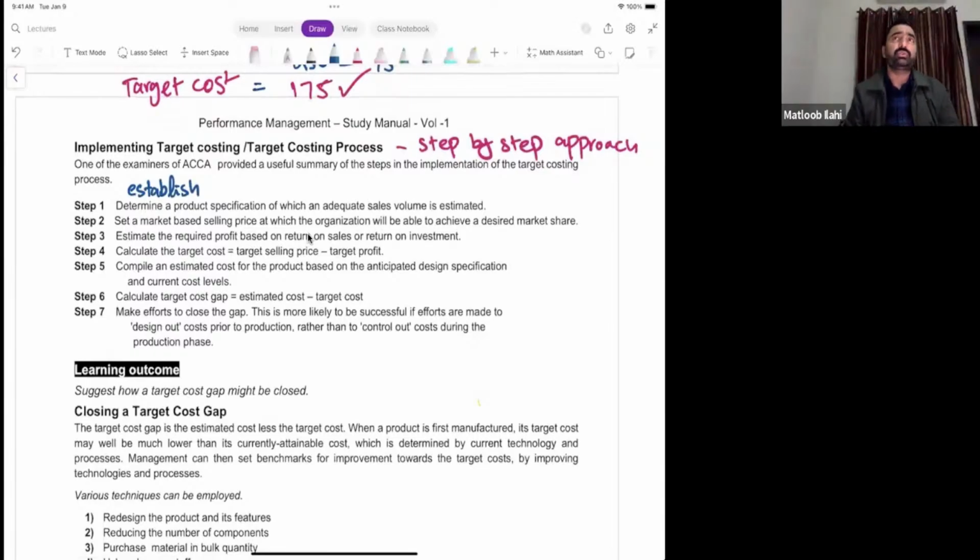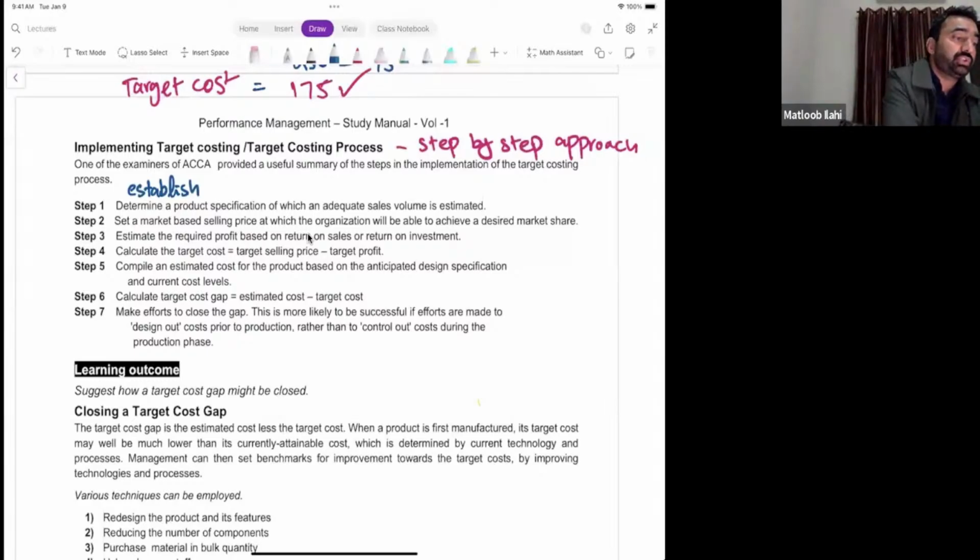For example, if you are going to develop a refrigerator, or a suitcase, or a backpack for office goers, you have to establish what specification for that laptop backpack you want to develop, and what sale volume you can estimate for that. Step 2, set a market-based selling price.